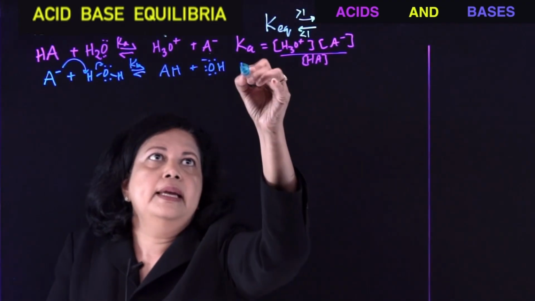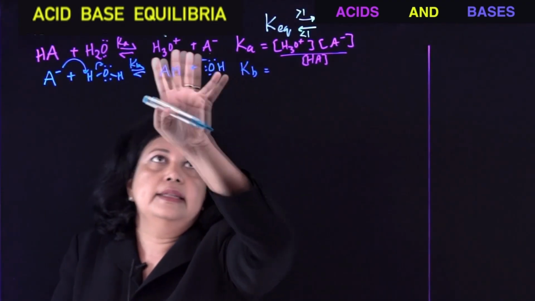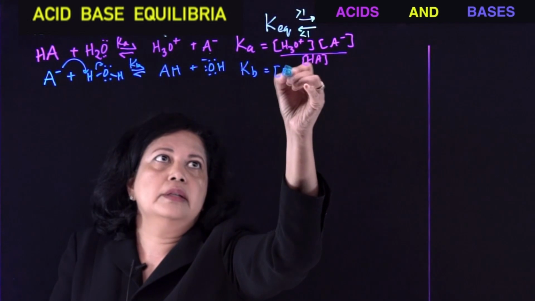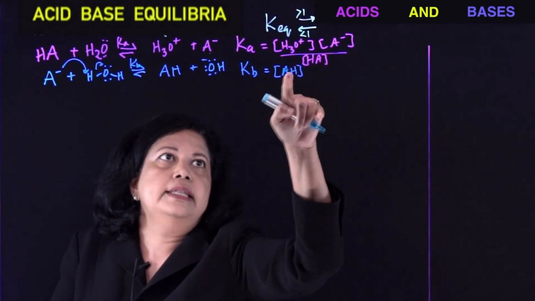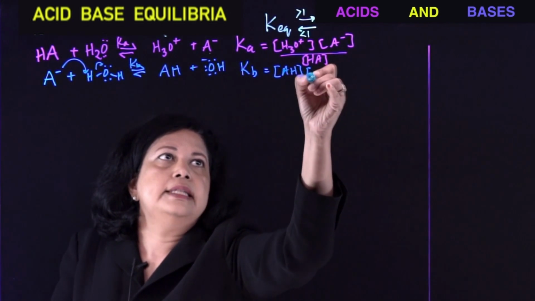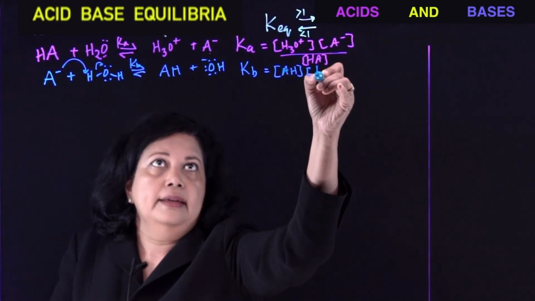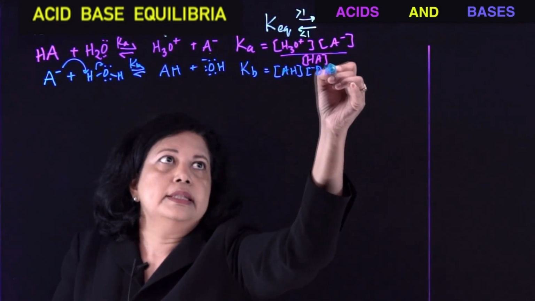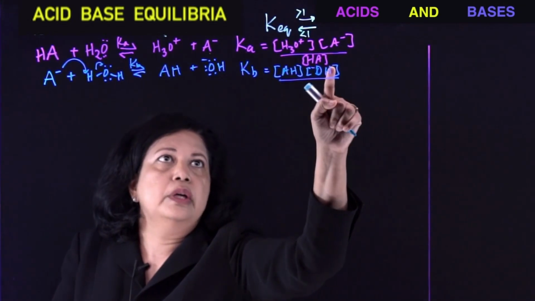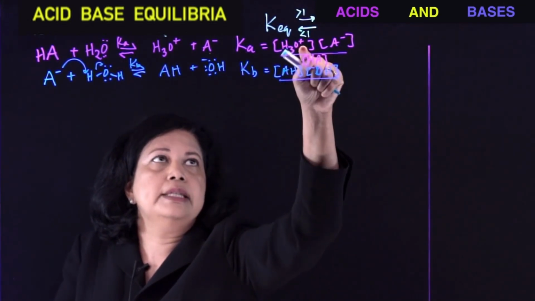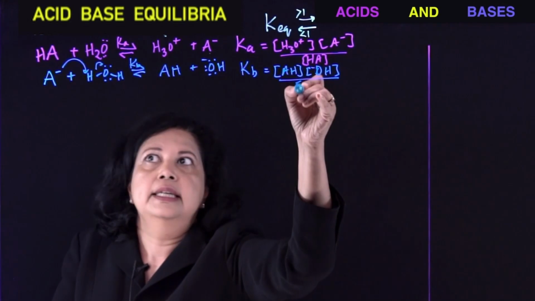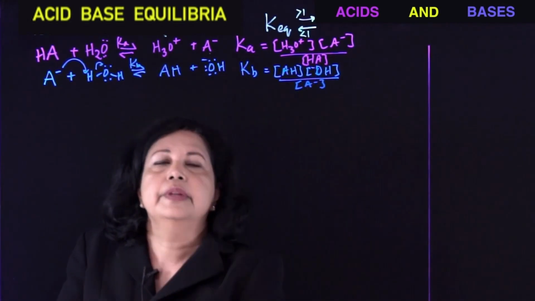So Kb is going to be again products over starting material. So anytime you write the acid on top, you would write the OH minus next to it. If the OH minus is written on top, that's a Kb. If H3O plus is written on top, that's the Ka. It's one of the ways to identify them.